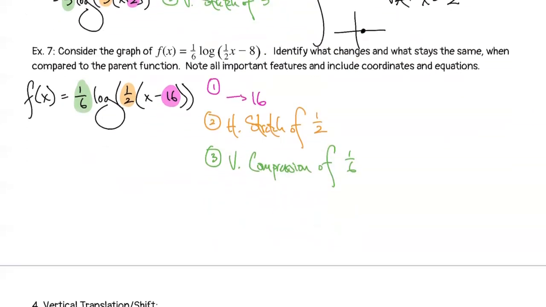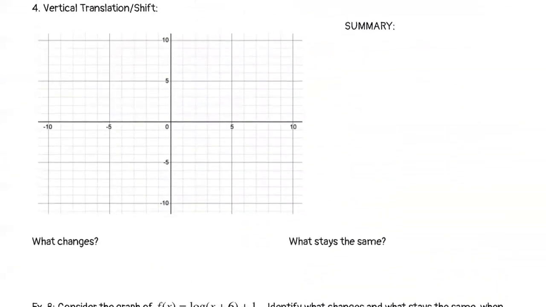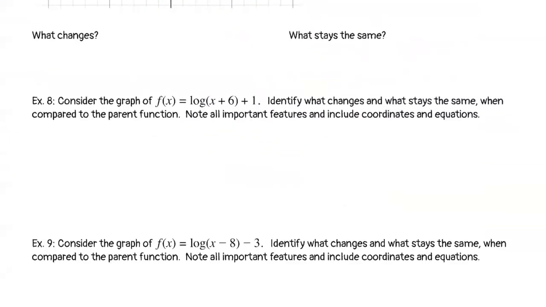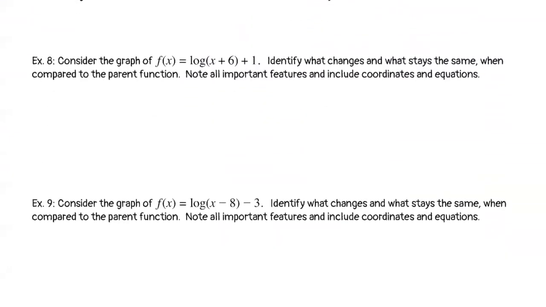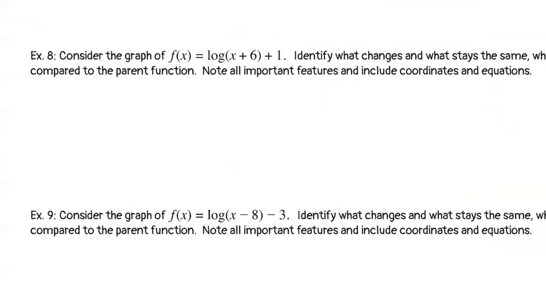All right. Let's move along to our last one. We have that uppercase D. All right. And so let's think about what we do or don't need to rewrite here. If we look at this f of x, log of x plus 6 plus 1, what transformations would you tell me are happening?